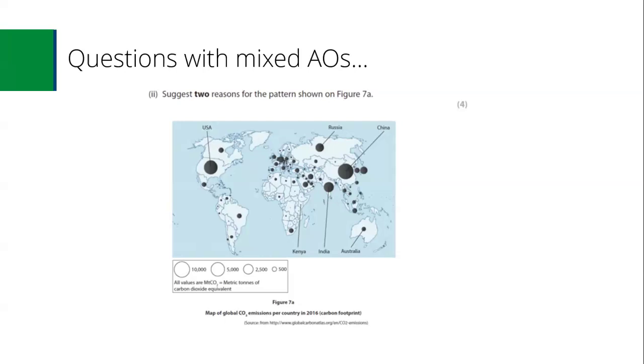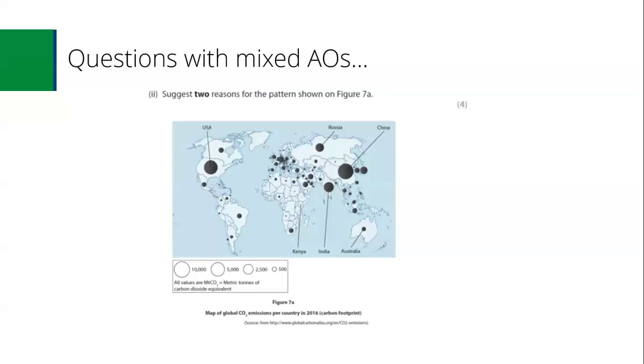These are the extended response questions, and we'll always have a mix of AOs to develop a good answer. Other AO2 questions can be mixed like this one with AO3. Candidates need to be able to interpret the graph and to give reasons for the pattern of CO2 emissions. With AO2 and AO3, a suggested explanation should require an exemplification of a point or even a justification.